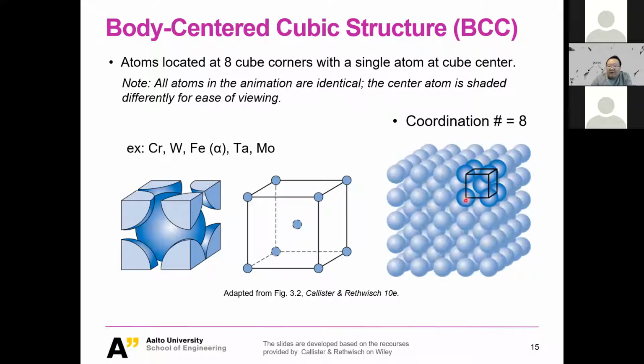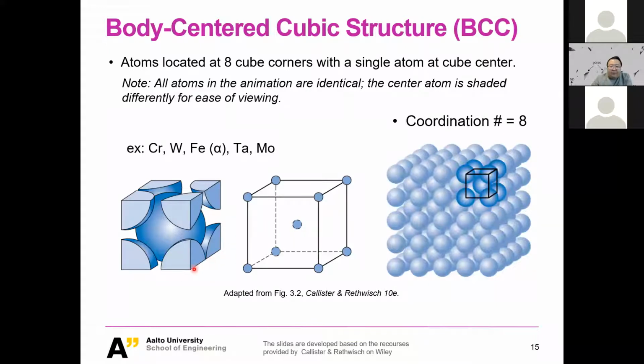You will arrive at the same if you take a corner atom. I will not tell you, you can practice on yourself. And more importantly, we need to calculate how many atoms are in this unit cell. Remember, this is important because finally we want to arrive at the packing density, the APF, for the atomic arrangement.